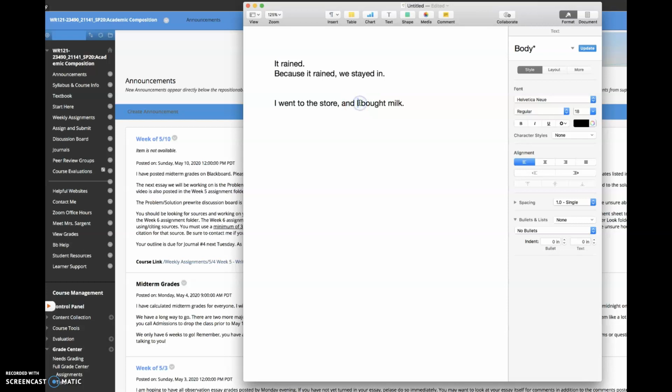So if I have this, I went to the store and bought milk, this comma is no longer correct because I don't have two complete sentences anymore. I have a compound verb. I went and bought. So in this case, I no longer need that comma. I went to the store and bought milk. But with the two complete sentences, I'm going to use a comma and a conjunction and fix it that way. So that's fragments, run-ons, comma splices.